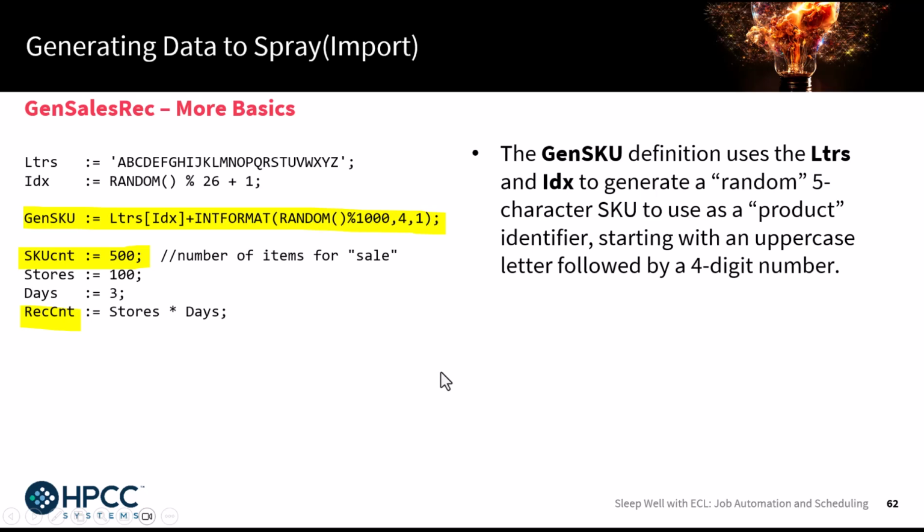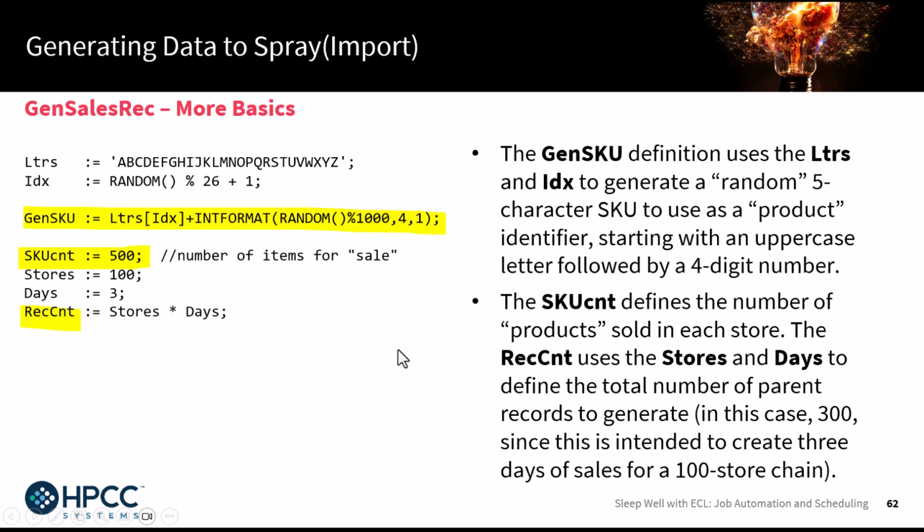All right, a few definitions here of note. We have the gen SKU definition that uses the letters definition above and IDX to generate a random 5-character SKU to use as a product identifier, starting with an uppercase letter followed by a 4-digit number. Also, we have a SKU count, which defines the number of products sold in each store.